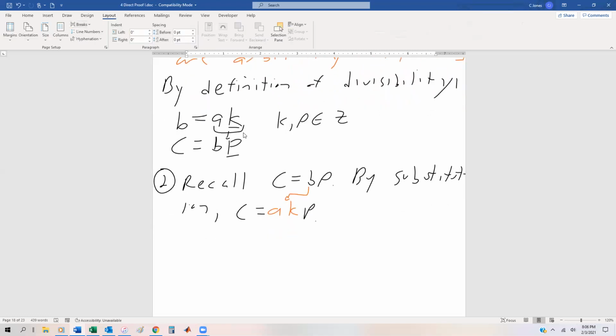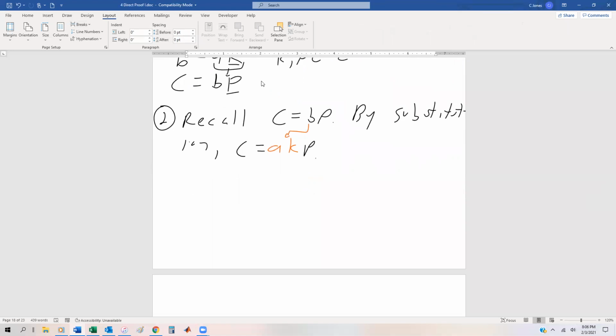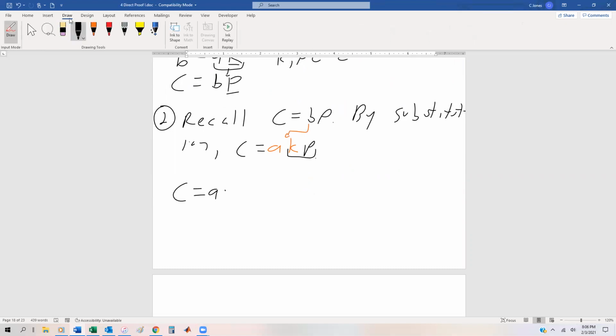Right. Now, another way that we could write this is we could say C is equal to A times KP, which is an integer. Let's call K times P, let's call that the integer M, where M is an integer, right?